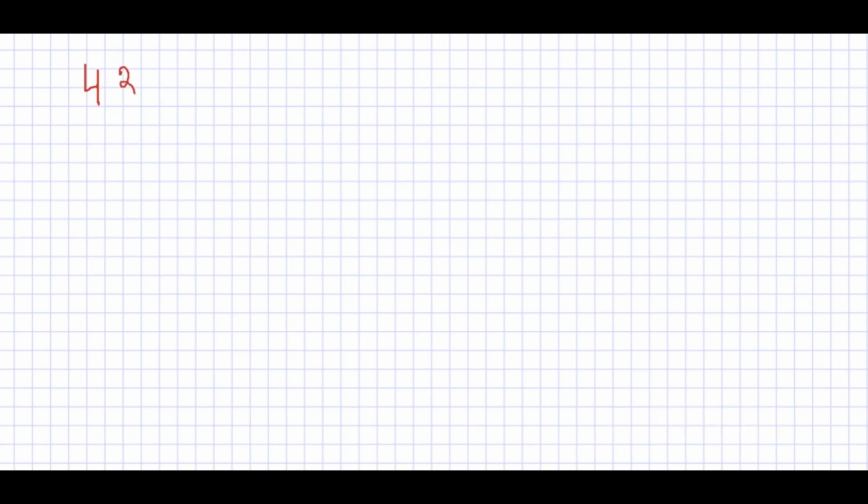Okay, let us continue. Now I will write a two-digit number. 43. This is a two-digit number. There are two places here, ones and tens. Now we will round this number to the nearest tens.